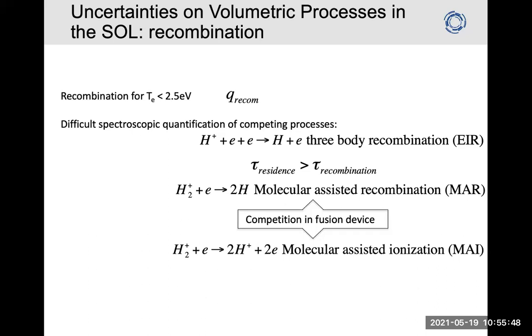What turned out at the beginning when people started doing this is they switched off charge exchange and they saw that suddenly the momentum loss, so this pressure loss, isn't so big anymore. And so sometimes they attributed it to the fact that they had just switched off the charge exchange process and said, oh, charge exchange is the process that removes momentum.